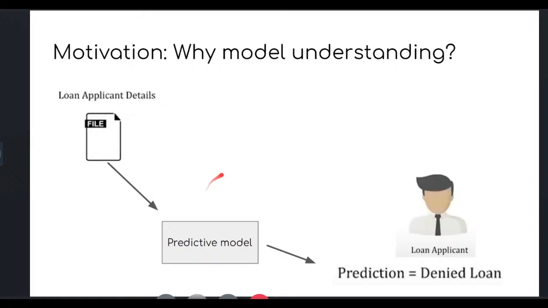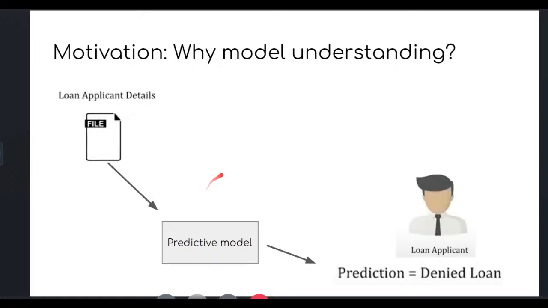It feels the candidate should not be given the loan because it thinks that he would not be able to pay back the money. So in this case, the manager may directly go ahead and deny, or if he or she wants to know what features in the application the predictive model is looking at, it will say what is lacking instead, right? It has gone through the application, and there may be some lackings because of which the loan is denied.